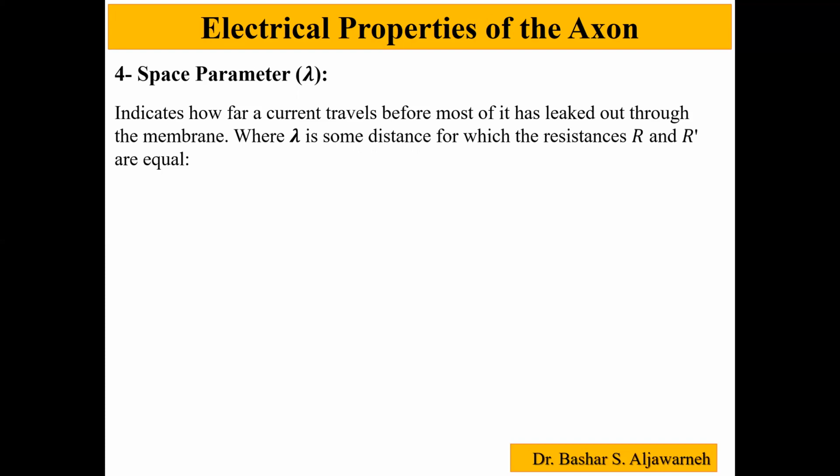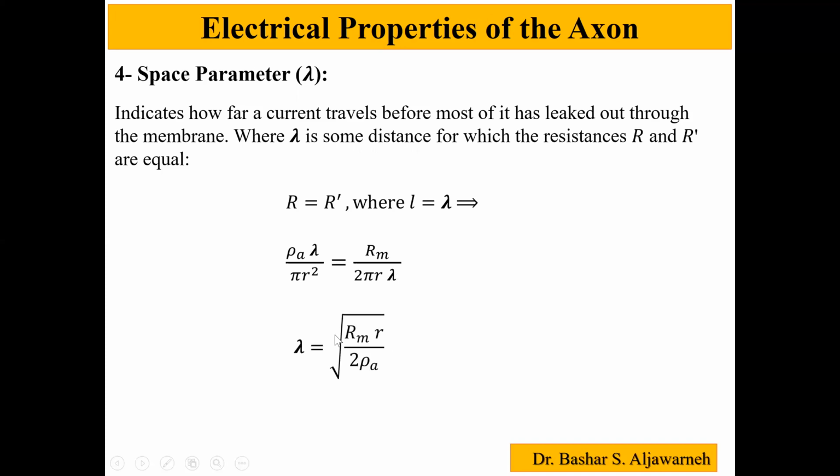Both of them are equal. Do some algebra, then you will get the space parameter equals square root of R sub M times the radius divided by 2 times the resistivity. And here we are talking about distance, which means the unit of lambda is meter, and you can check this by taking the units and plugging them here.